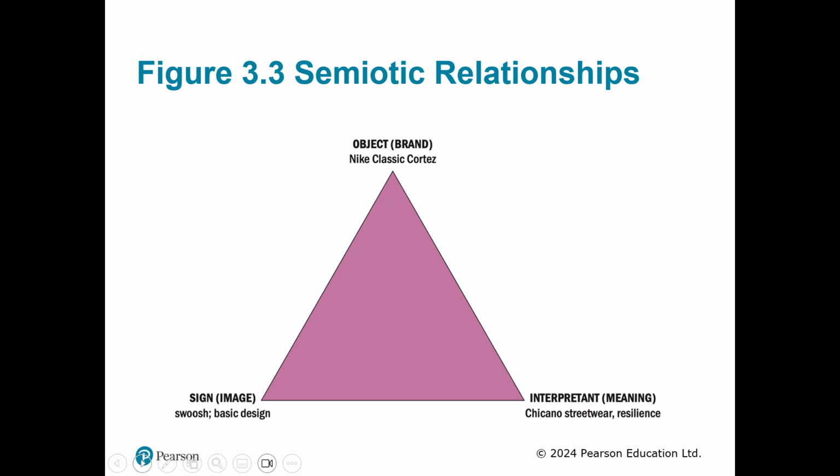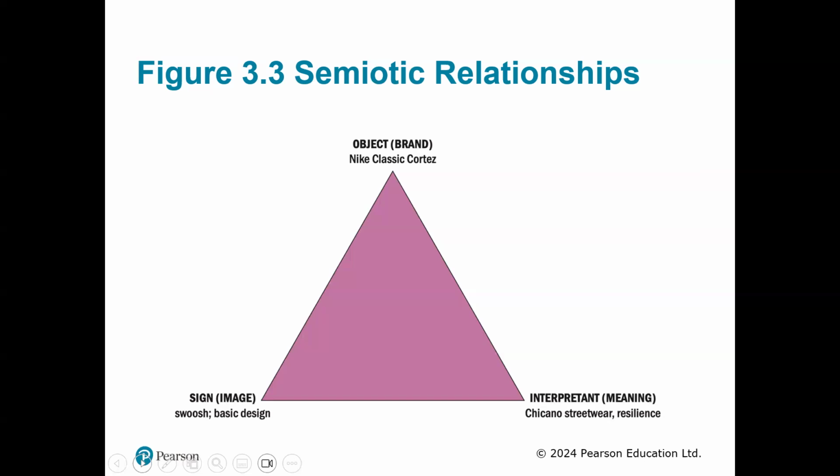From a semiotics perspective, every marketing message has three basic components: an object, a sign or symbol, and an interpretant. The object is the product that is the focus of the message. The sign is the sensory image that represents the intended meaning of the object.